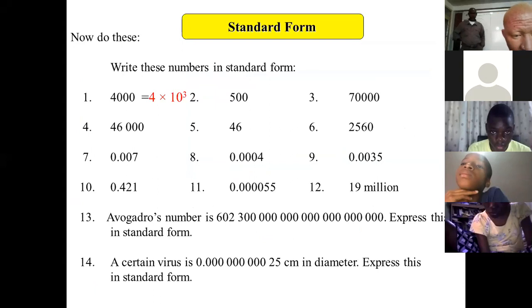And then for 500, of course, we're going to have 5 times 10 raised to power 2. So if that is correct with what you have done, good, we can move to the next one. I want to believe you're also solving. So get your notes.